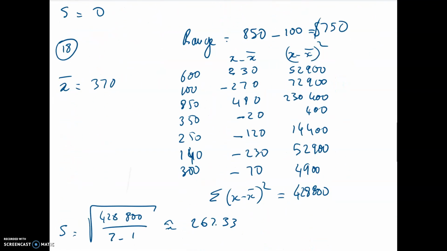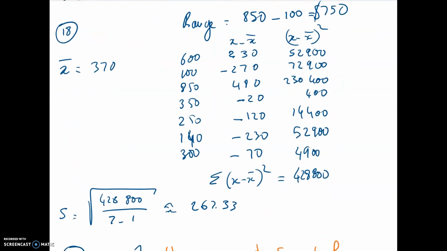Number 18. So number 18, we have a range, and we are going to take the highest value, 850, minus 100, the lowest, and we have a range of $750. As you can see, I'm trying to organize my chart so that I have the data right there, and then x minus the mean and x minus the mean squared. When I do the sum, I end up finding 428,800.